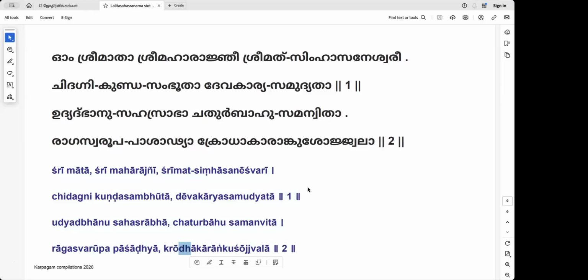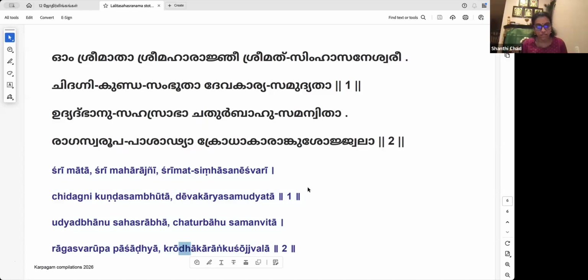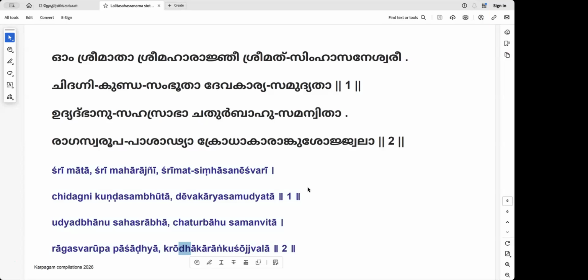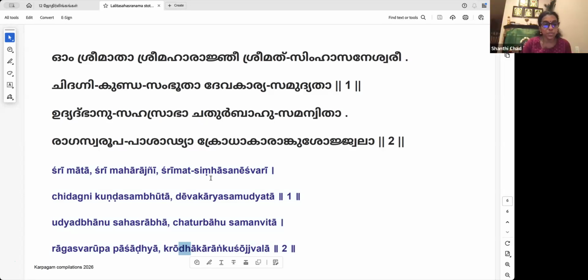When you're looking at the English version, on top of certain letters, there is a hyphen. What does that mean? Yeah, so the hyphen means it's a long vowel. So it is Shri Mata. In English, you will find many different transliterations, because you don't have all the letters in English.